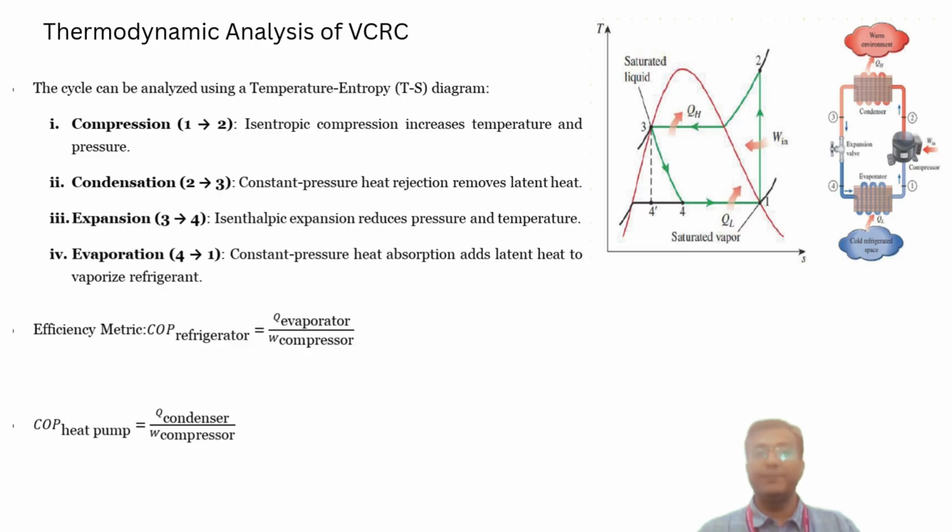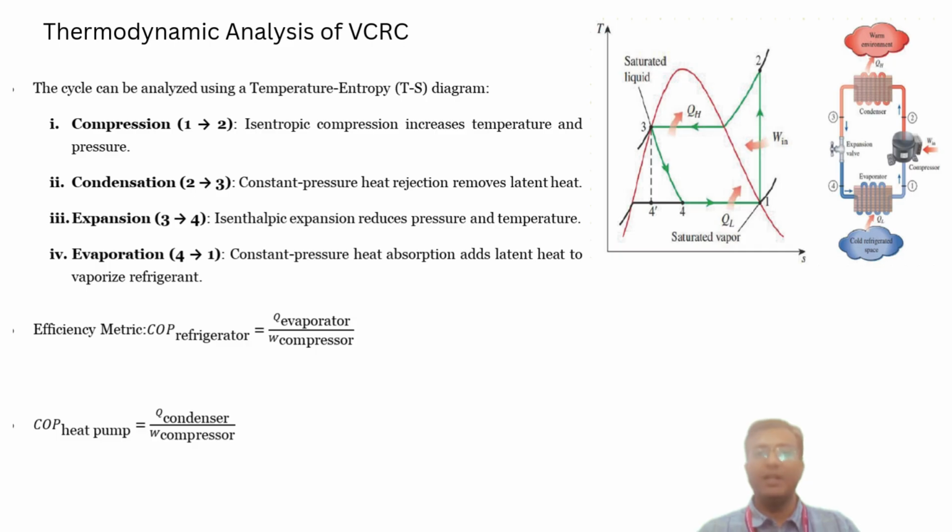Now we will see the vapor compression refrigeration cycle using a temperature and entropy, or TS, diagram. It's like a roadmap for the cycle's energy flow. First, consider the compression process 1 to 2.